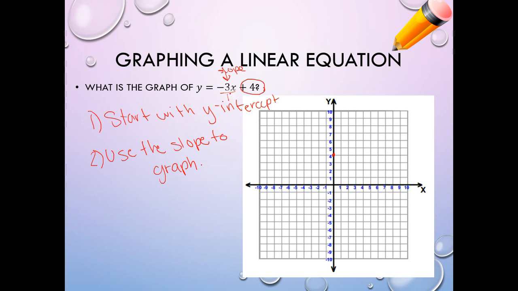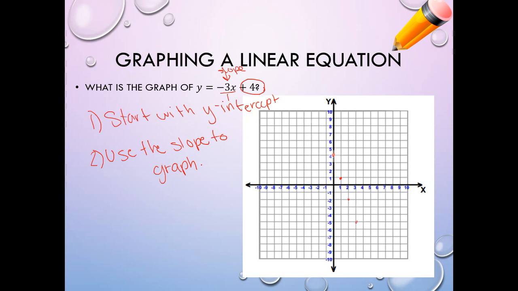So down 3 over 1. So I'm going to go down 3, because remember, it's rise over run, down 3, 1, 2, 3, over 1.